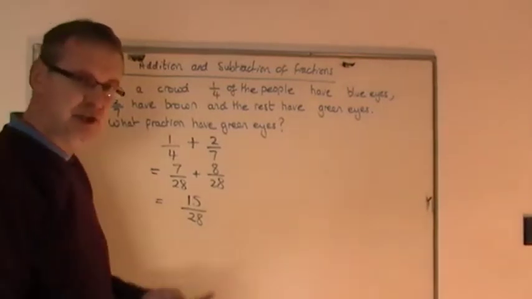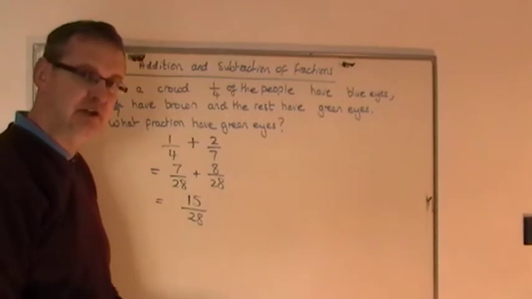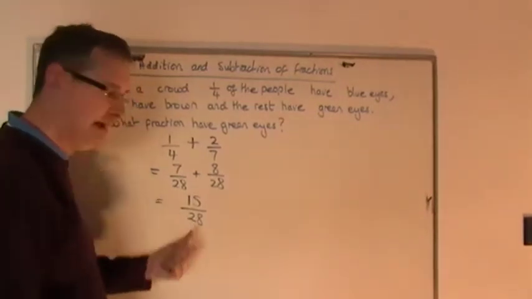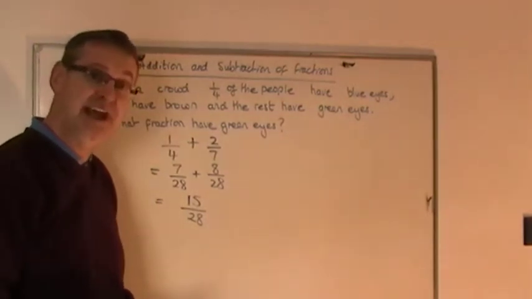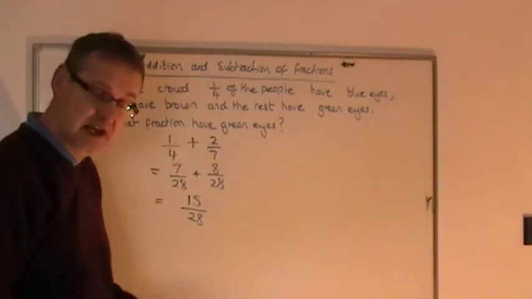Now the entire crowd would be the whole crowd. Now in maths, a whole can be written as a fraction. If we're talking about 28ths, the whole would be 28 28ths. The whole crowd would be 28 28ths.